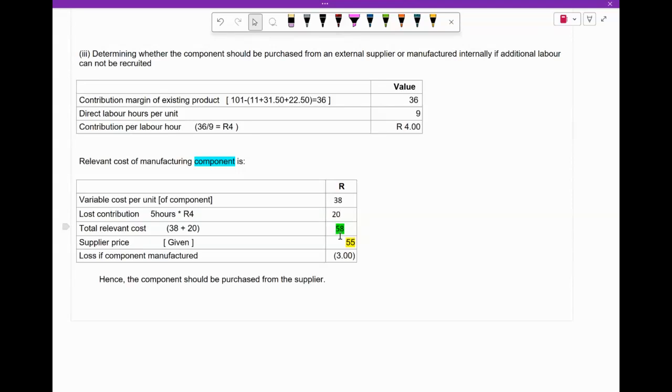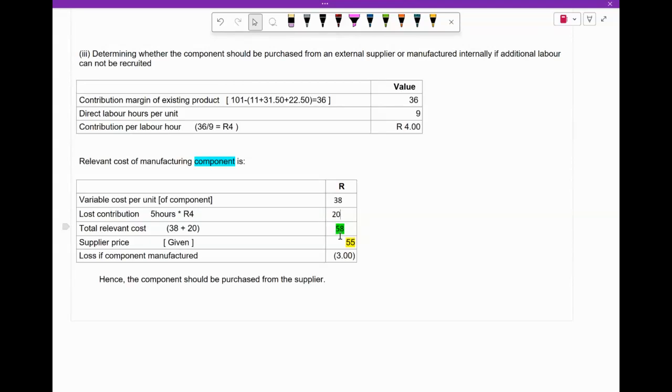So now the total relevant cost to produce the component is 58, but our supplier still guaranteed us at 55. So are we making a profit or a loss in continuing to manufacture the component? It's a loss of 3 Rand.